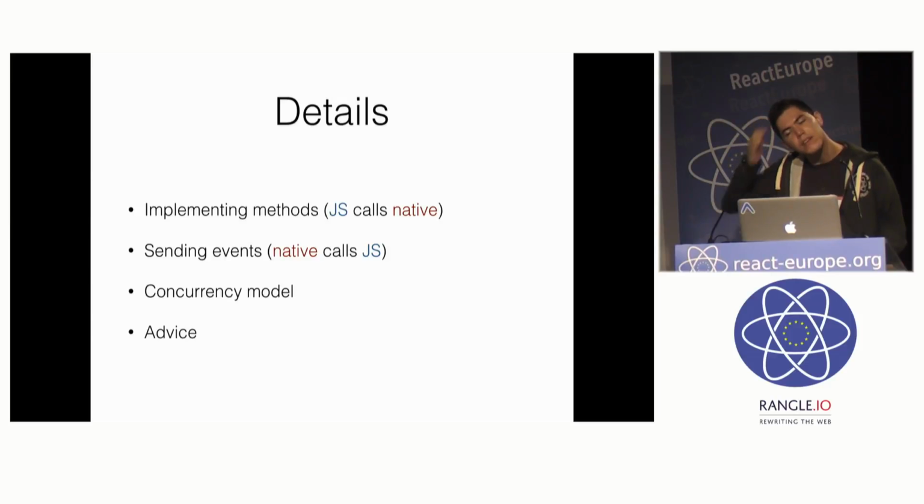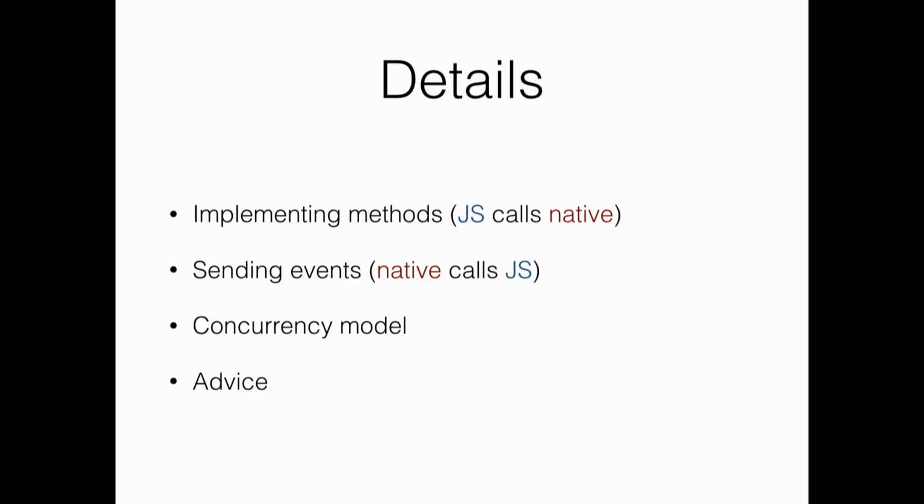Some of the details around implementing native modules is how the calls go back and forth from JavaScript to native and also native to JavaScript. The concurrency model is also important to have a basic understanding of, but generally it's not something you have to worry about too much. And then I'll end with some advice around implementing native modules.